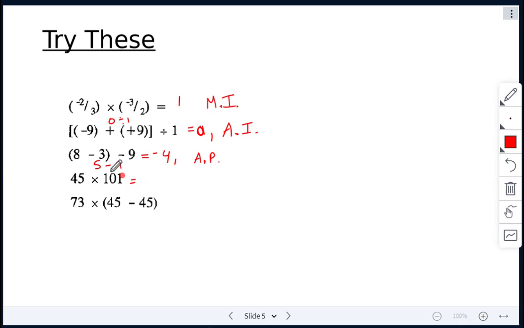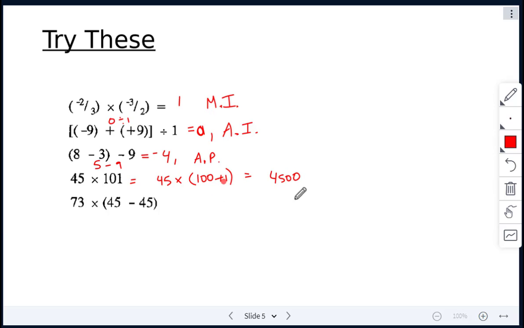All right, 45 times 101. This is the one where we can use distributive property. So we can take our 45 and multiply it by 100 plus 1. 45 times 100, that's easy. We know 45 times 100 will be 4,500.